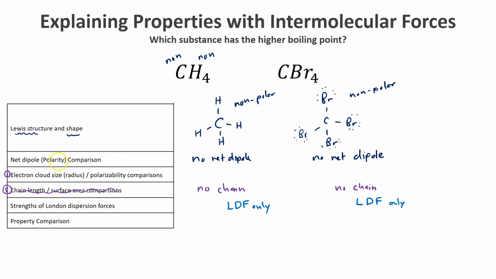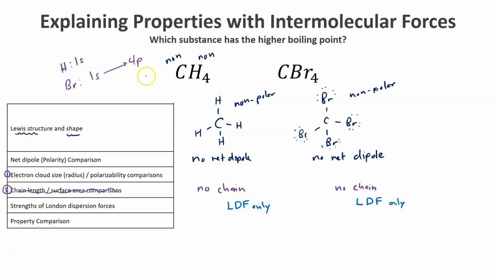I do have, however, some extreme differences in electron cloud size. Hydrogen atoms are super teeny tiny. They only fill electrons to the 1s orbital, whereas bromine atoms are huge. Their radii is way larger. If you wrote out the electron configuration of bromine, you'd see that it fills up to like the 4p's, right?